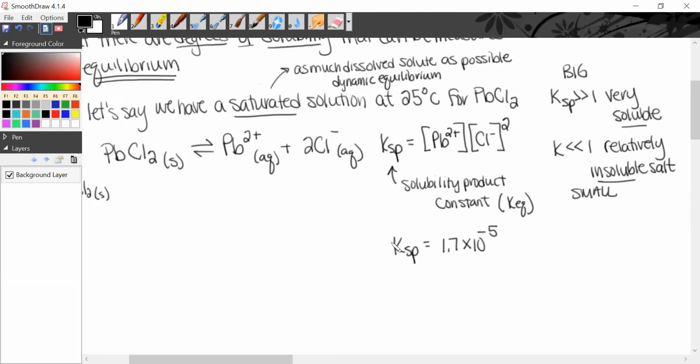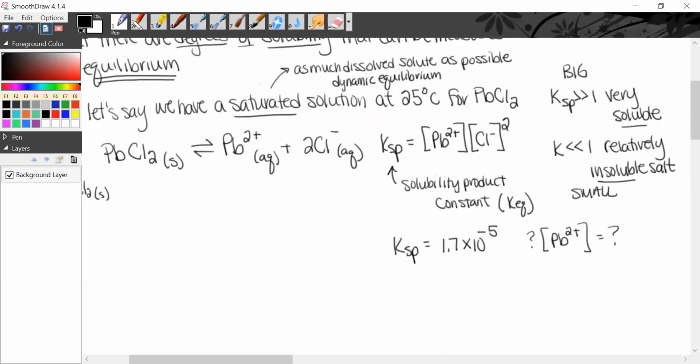So a very common type of question for these salt solubilities would be, if you've got this salt and you have this Ksp value, one question that you might be asked is, what is the concentration of the Pb2+ at equilibrium?